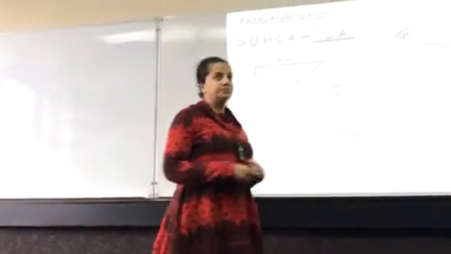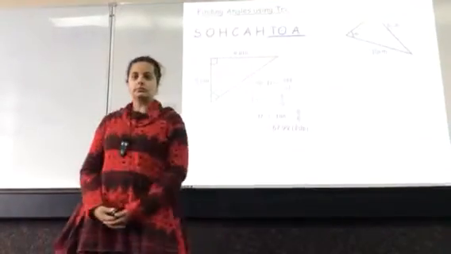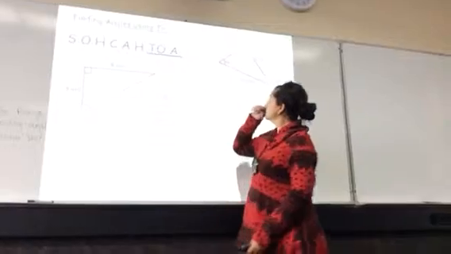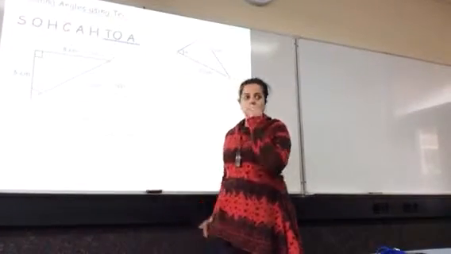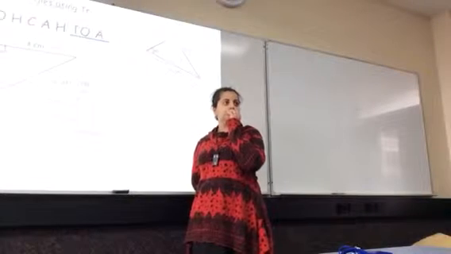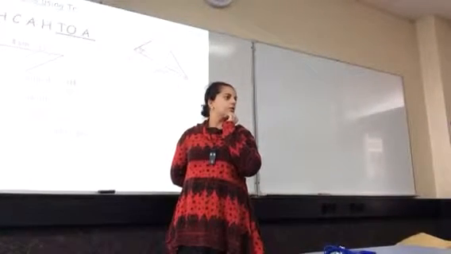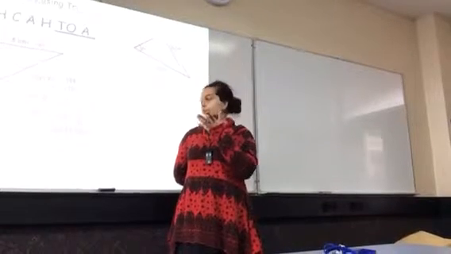Okay, let's try this one. So the triangle, 10 on the hypotenuse, 6 on the other side. What's my first step always? Label, good.